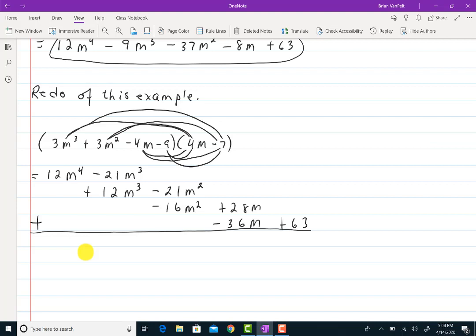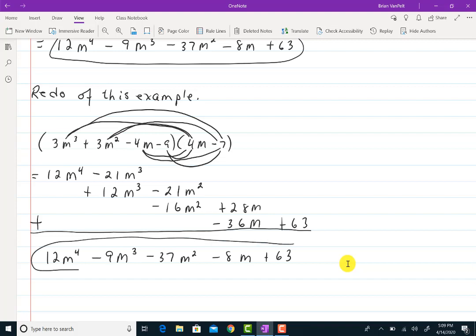So the 12m to the fourth had nothing else to add to it. But when I look at the m cubes, negative 21 plus 12 is negative 9m cubed. Negative 21 minus 16 is negative 37m squared. 28 minus 36 is negative 8m, plus 63.